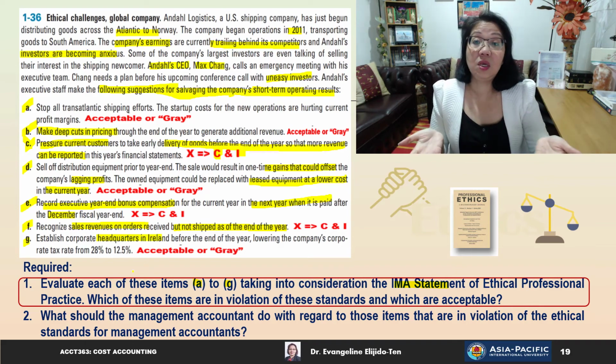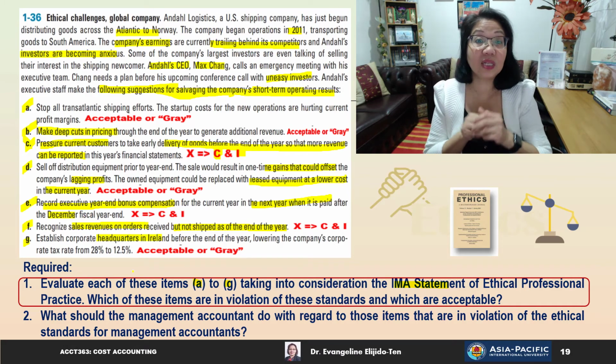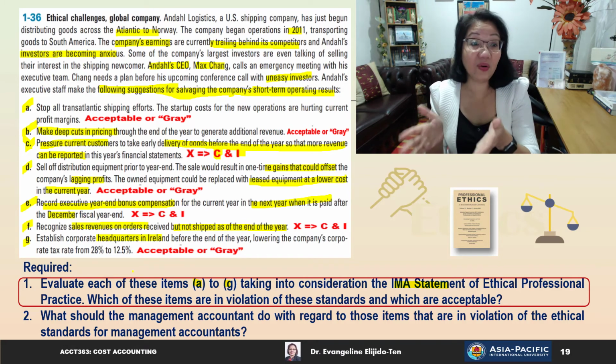The CEO, Max Chang, may have other legitimate reasons for relocating his company to Ireland, but doing so only to reduce his tax liability would be likely considered as an evasion of taxes in the company's home country. So that's why it also falls in a gray area.